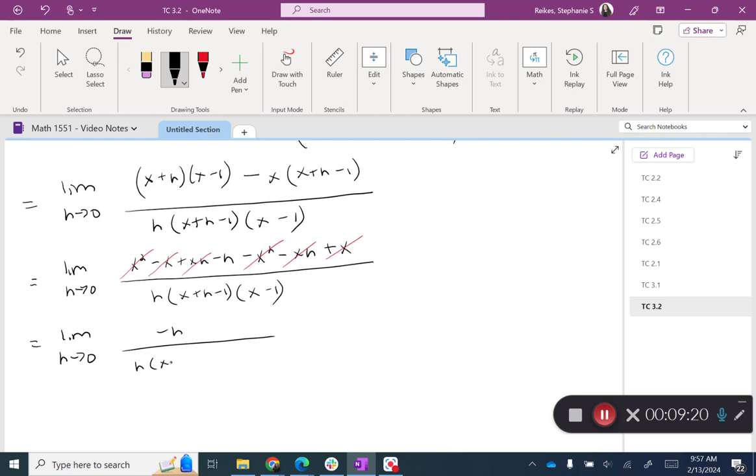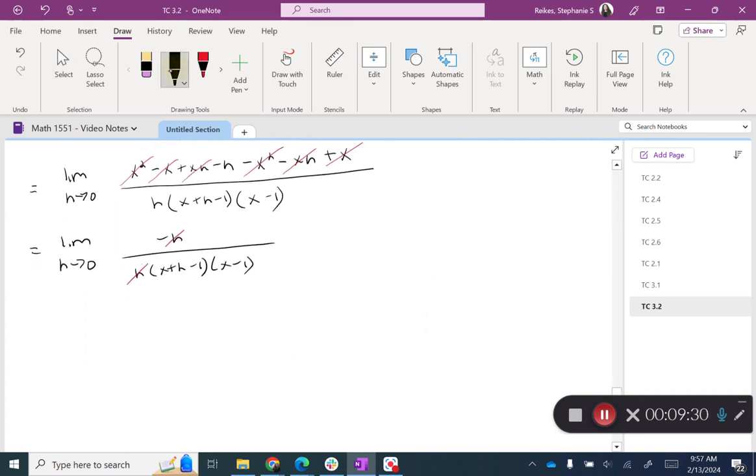And then I'm going to rewrite my denominator one more time. And then I can see, finally, I have an h on top and an h on bottom that's going to cancel out. And I can rewrite one last time the limit as h approaches 0 of negative 1 over x plus h minus 1 times x minus 1 in the denominator.